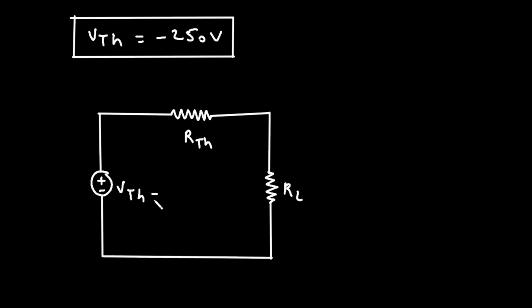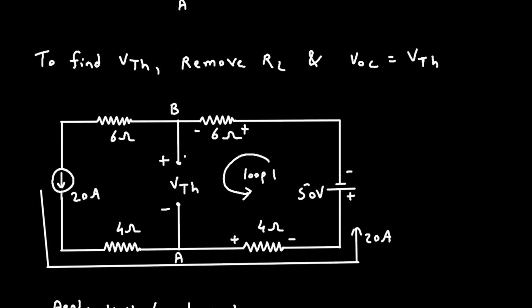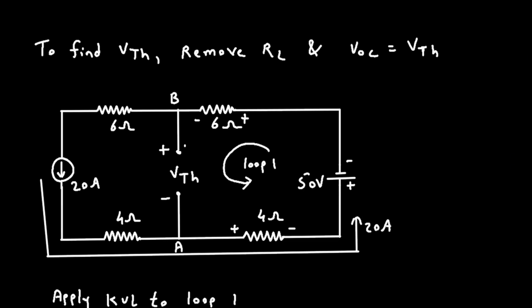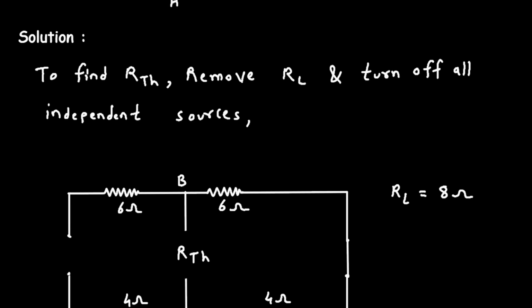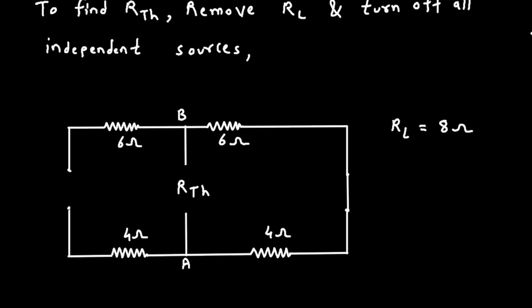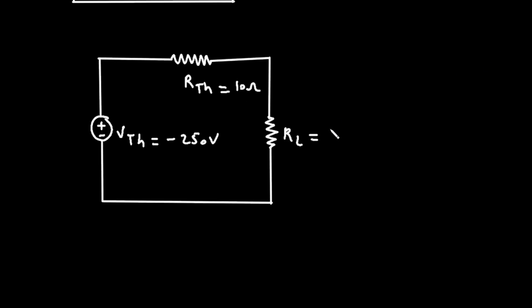The value of VTH is minus 250 volt and the value of RTH is 10 ohm and the value of RL is 8 ohm and we have to find this current IL.